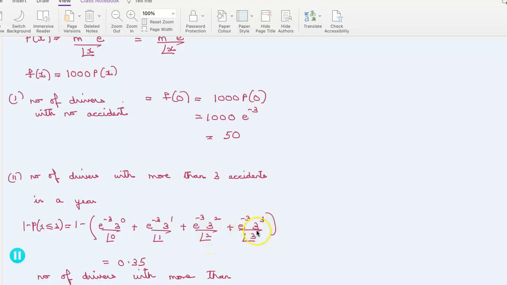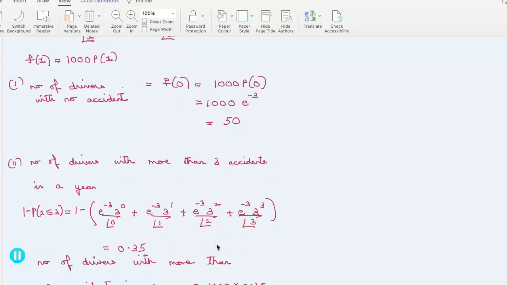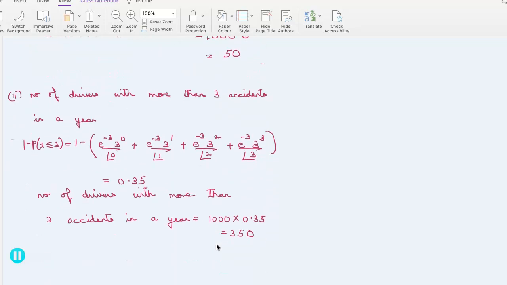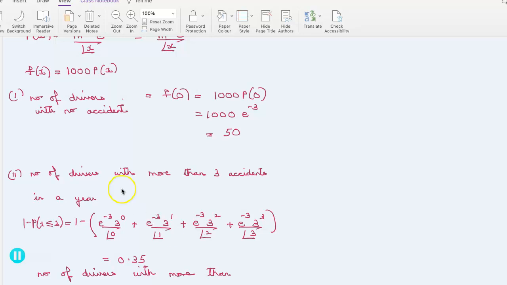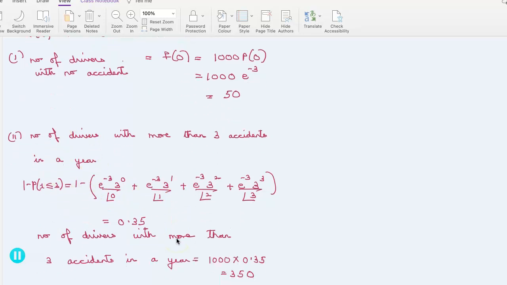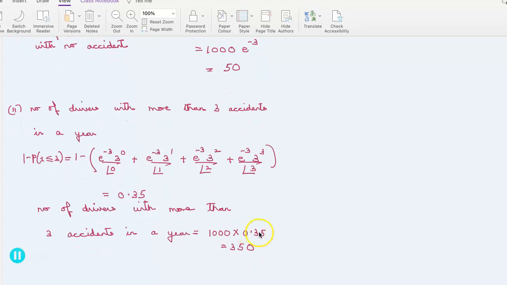And p3 will be e raised to minus 3 cubed by 3 factorial. Simplifying, you get it as 0.35. So number of drivers with more than 3 accidents in a year will be 1,000 into, what is this? This is p3. Greater than 3. So 1,000 into 0.35, that is 350.